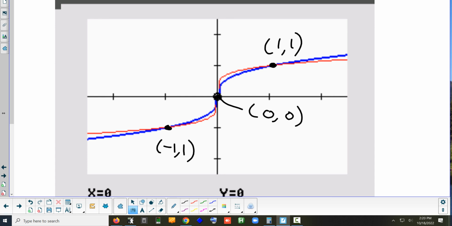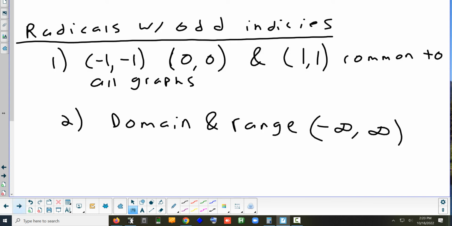I did a third root and a fifth root. But if I did a third root, a fifth root, and a seventh root, the seventh root would also go through those 3 points. So odd roots share 3 points: -1, -1, 0, 0, and 1, 1. Now, when I say all these roots share these points, we're talking about the basic case.